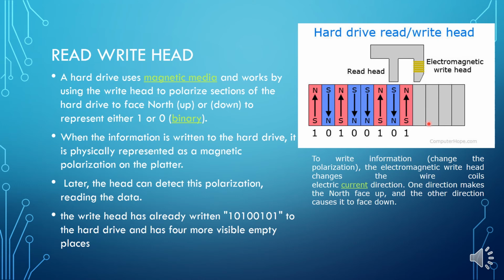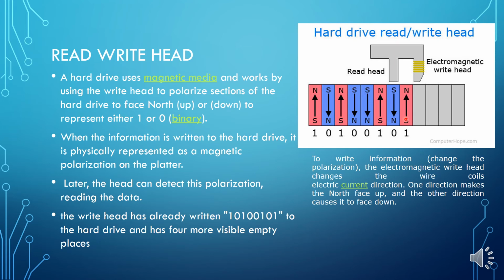Then if you are changing polarization, means either you can say magnetized or demagnetized. When the north face up position is there of electric current, then it is known as magnetized, and when you are magnetizing any space, then the bit is stored as 1.